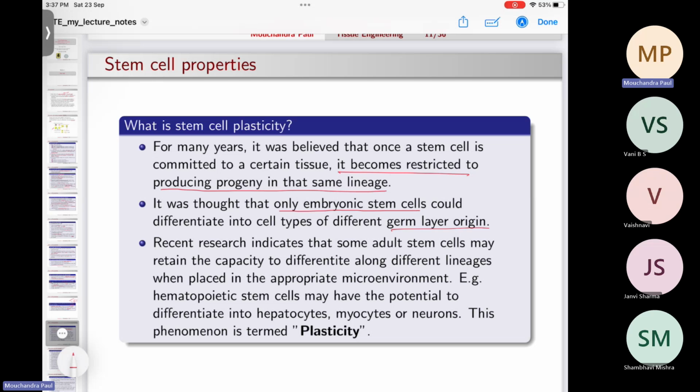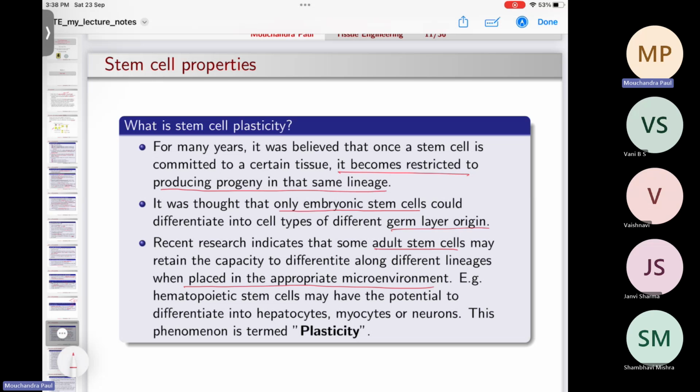So they are now indicating that the adult stem cells, which are found in a specific type of tissue, do still have the capacity to give rise to cells of different lineage when placed in an appropriate microenvironment. Means you have to give the proper conditions for this plasticity behavior to happen.